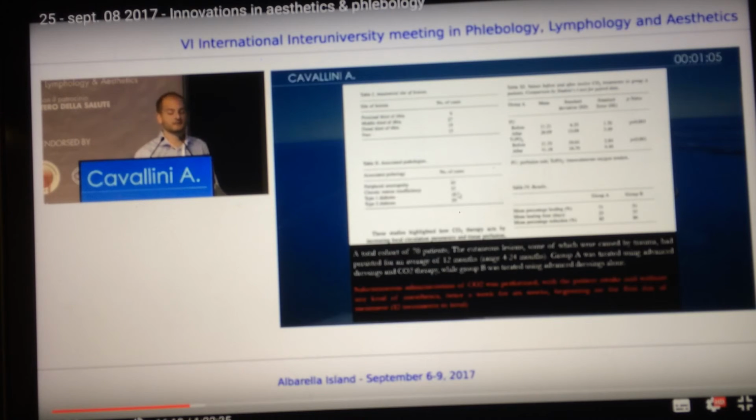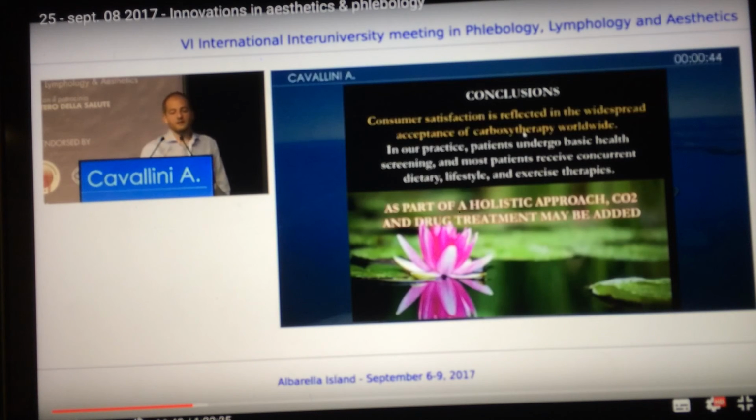And for these patients, we've got these values. We've had peripheral arteriopathy or chronic venous insufficiency, and you can see the percentage of ulcers treated together with advanced dressing, advanced treatment, with this treatment, you can have these results. And with the Doppler analysis, you can see that. However, the result was very positive.